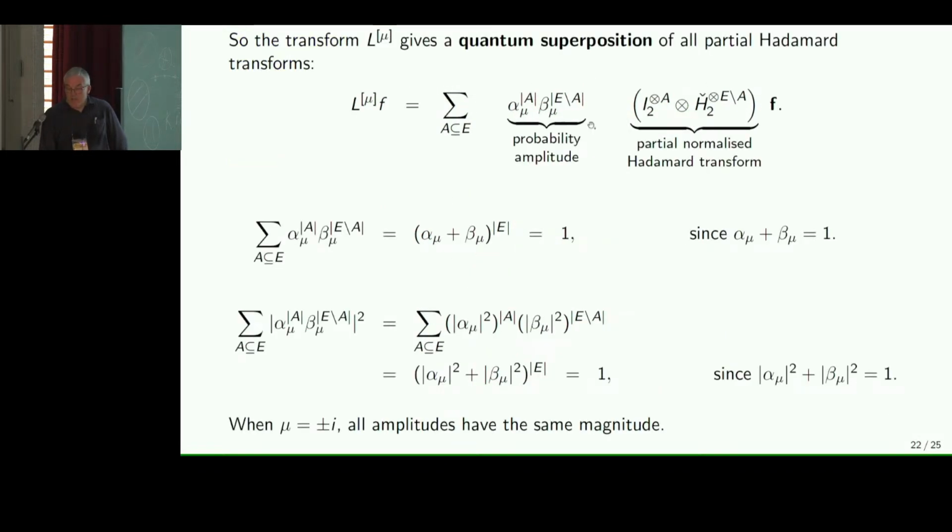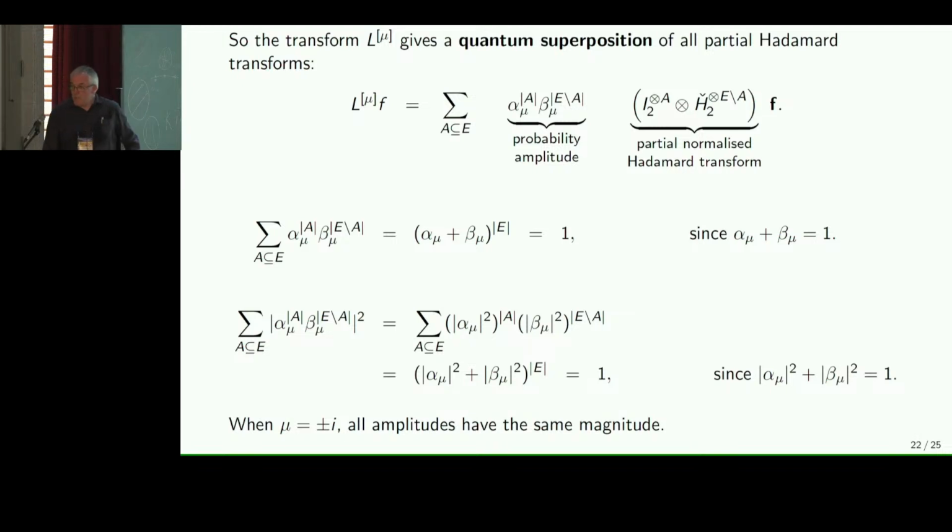The coefficients give us our probability amplitudes, or the amplitudes the squares of whose magnitudes become probabilities. And in the special case when mu is plus or minus I, all the amplitudes have the same magnitude. So all the different partial duals have an equal probability of being chosen if you observe this quantum superposition.